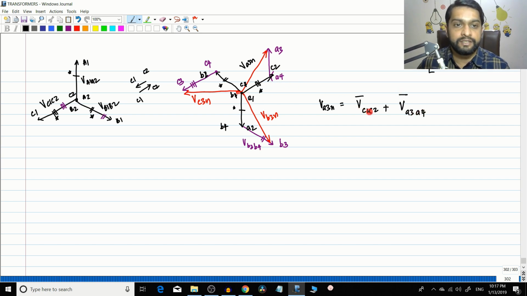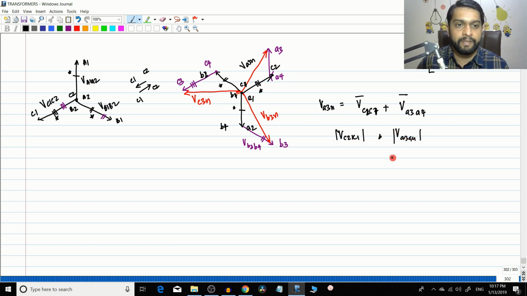Sorry, it's not C1, C2, it is C2, C1, because C1, A1 and B1 are the neutral points, right? Sometimes I just get mixed up with the words. Anyway, it is VC2, C1 plus VA3, A4.